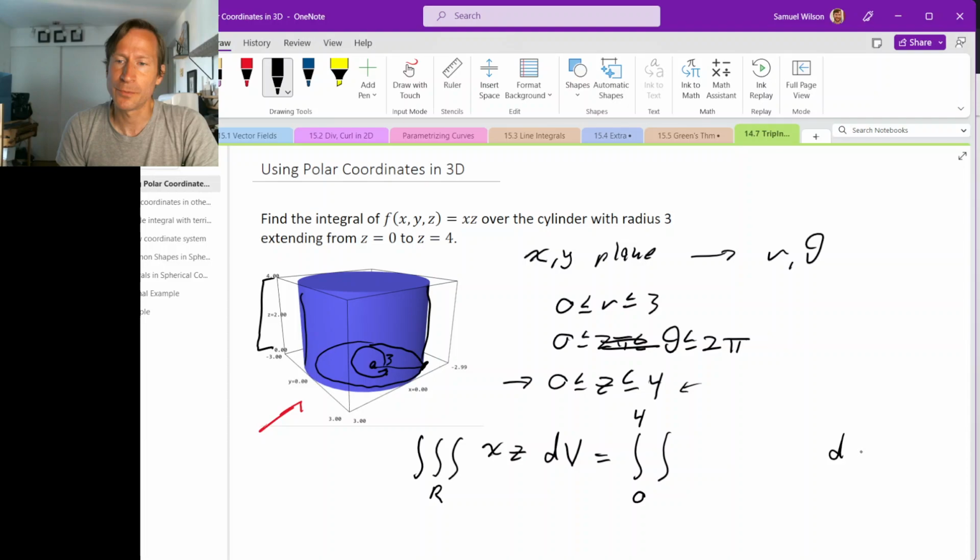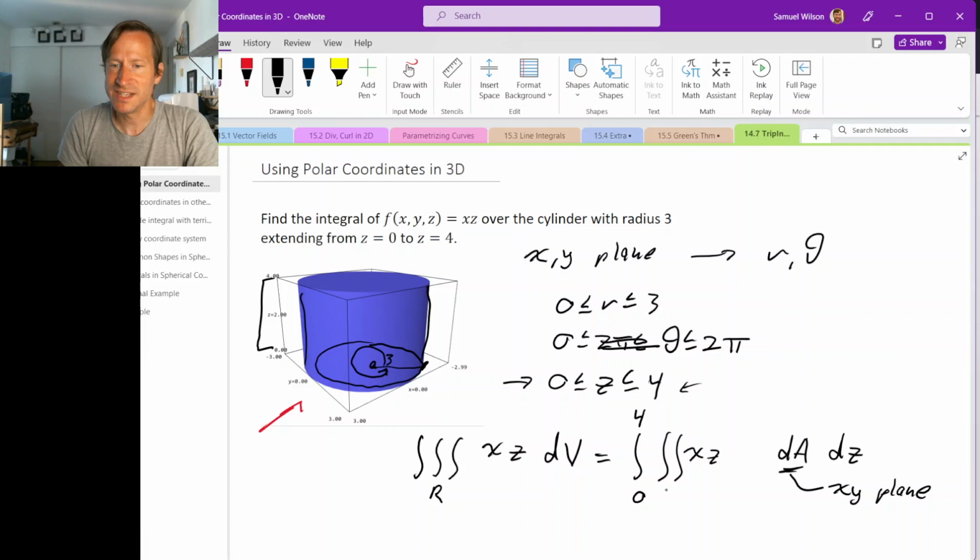Right, we have this function that we're integrating, xz, and so we have, I'll write dA. This dA is in the xy plane. Okay, and then the region in the xy plane is the circle, or the disk, I should say, with radius 3.